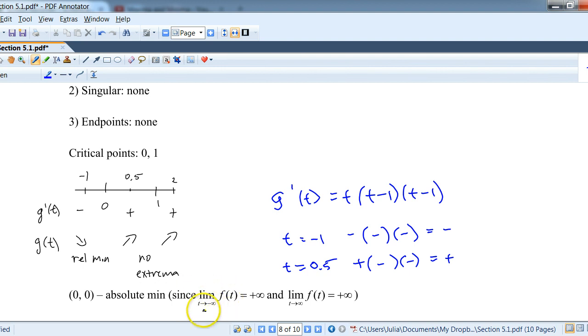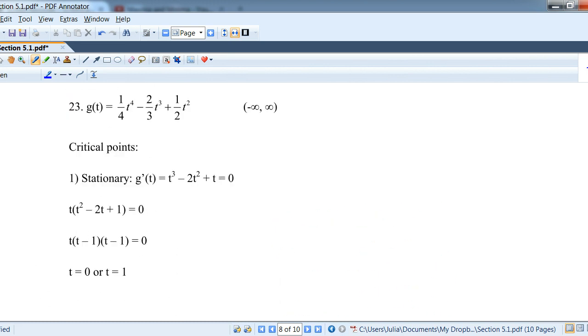What happens as t goes to negative infinity and positive infinity? If you recall, our interval was both of them. It was the whole number line. Well, because I think we had t to the 4th. Again, you've got to look at the leading term. We have 1/4 t to the 4th. So it depends on the sign and the degree. And because the sign is positive and the degree is even, that actually helps with negative infinity especially.